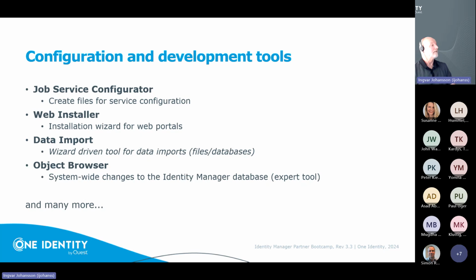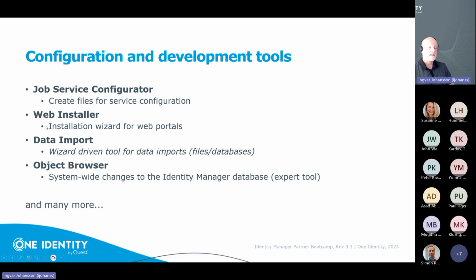So if you update a version of a library, such as a DLL file, the job server will see that it needs an updated version, grab the new one from the database, and restart itself. And guess what? Now it's updated. So job servers are sort of self-updating once they know how to connect to the identity management solution itself.